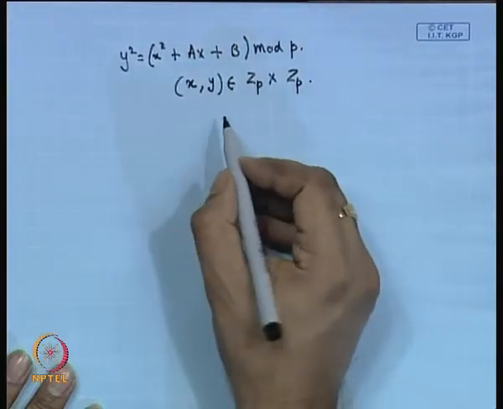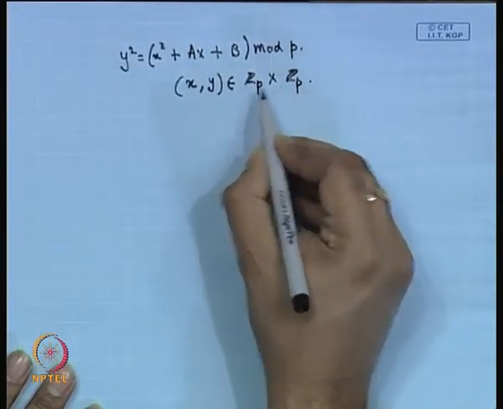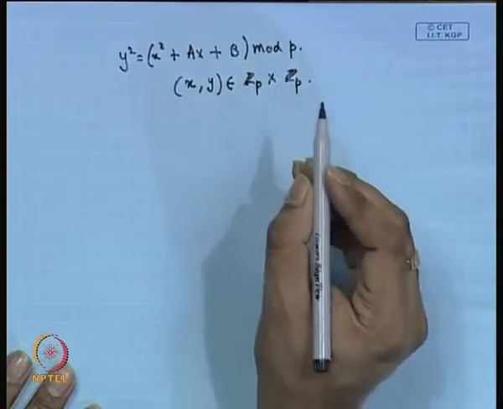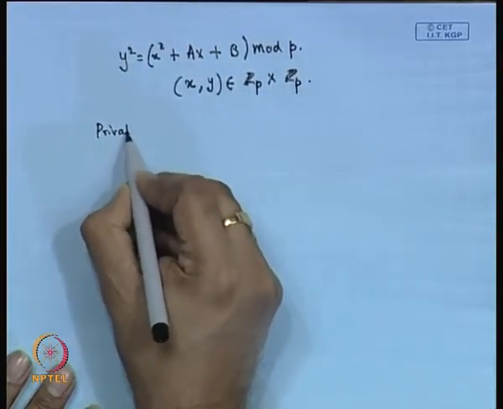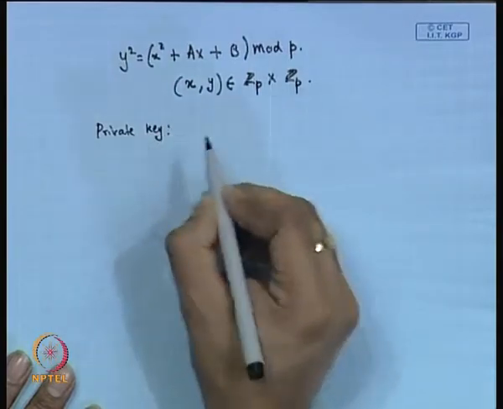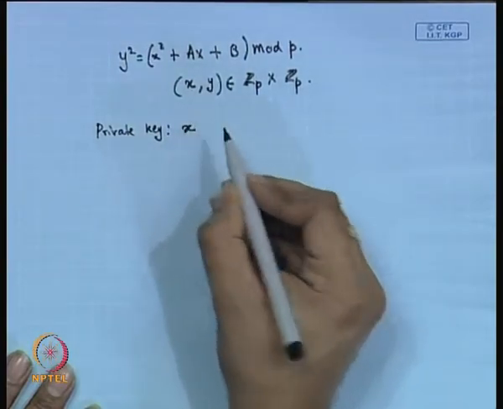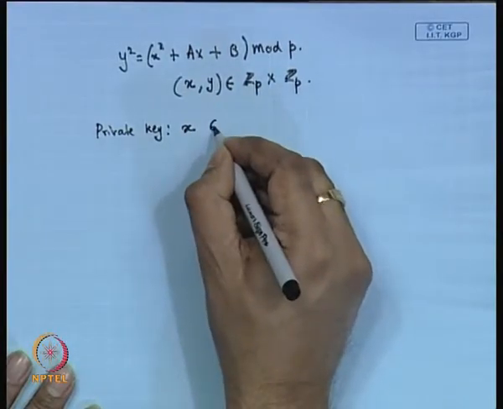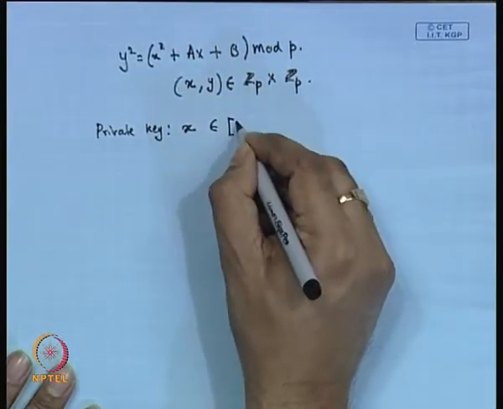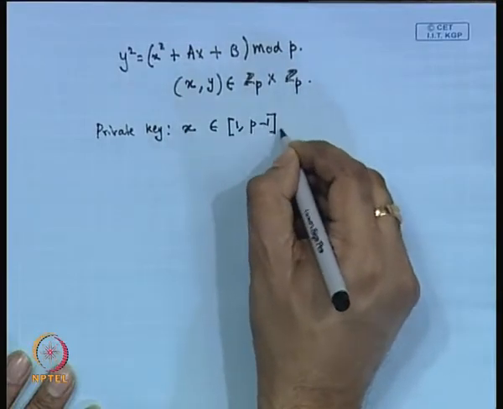The corresponding private key which you choose is another number. Although it is called x, it is a different x, it is a secret x, chosen from the closed interval 1 to p minus 1.